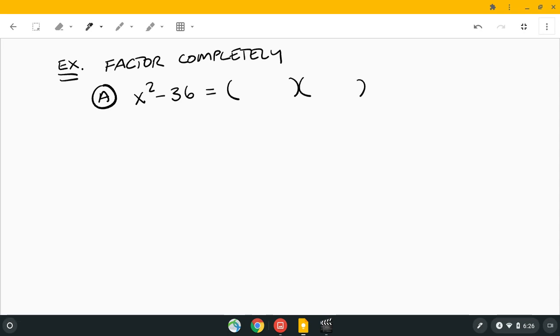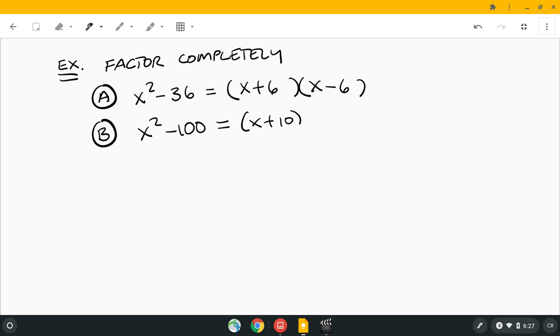So it's going to be x plus 6, x minus 6. Let's take a look at this one. Again, identify what is being squared. Here it's x and here it's 10. So we're going to get x plus 10, x minus 10.